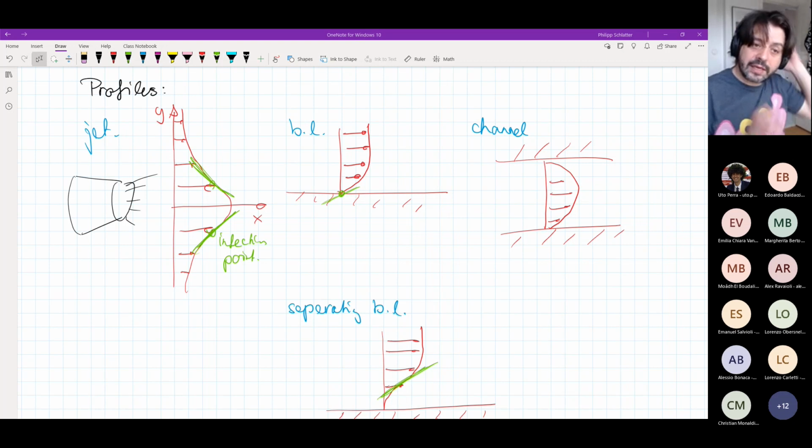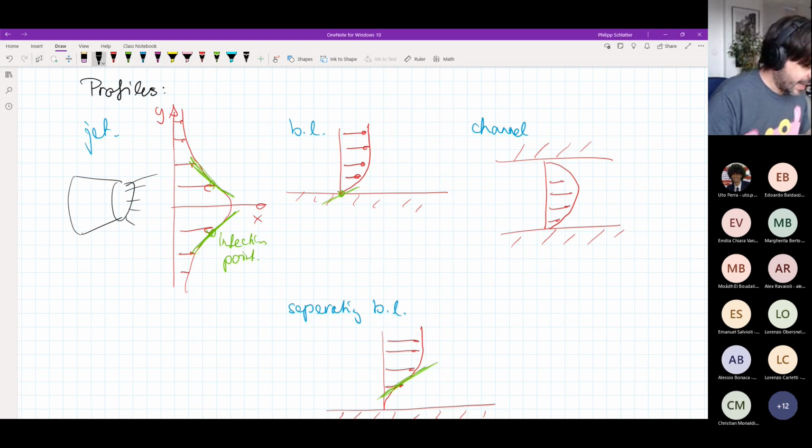That's an important realization, because just by looking at the profile, it gives us very quickly an indication of whether something may become unstable.